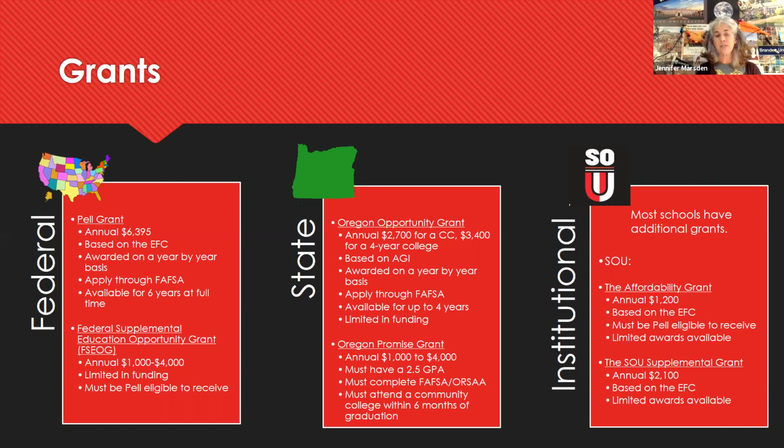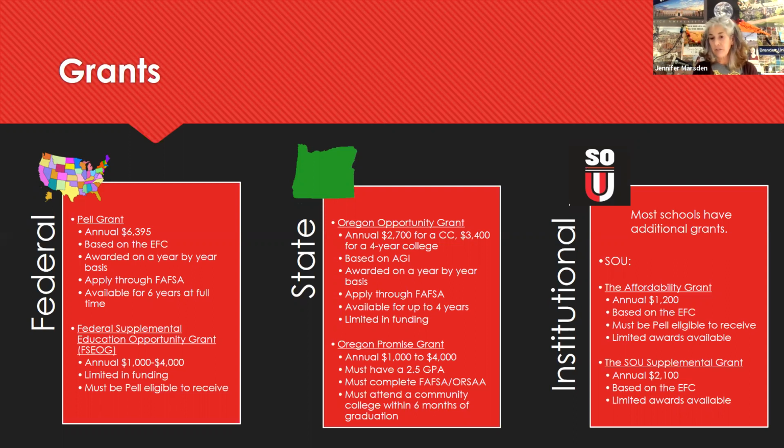So the federal grants: when you complete the FAFSA and submit it, based on your EFC, the federal government will tell you if you qualify for their Pell Grant. When it comes to college education in this country, professional career school, if you get a 0 on your EFC, that's the best possible outcome. A 0 EFC means you're going to get the maximum Pell Grant, which last year was around $6,400.